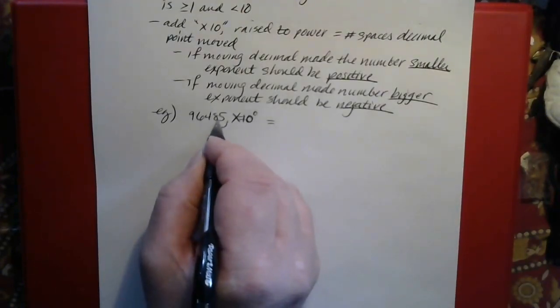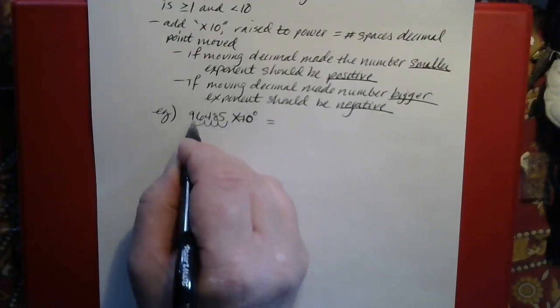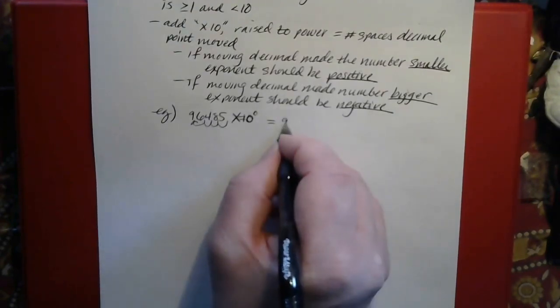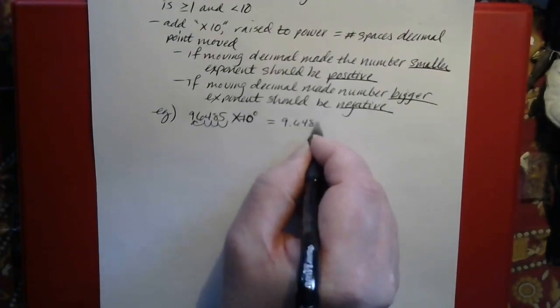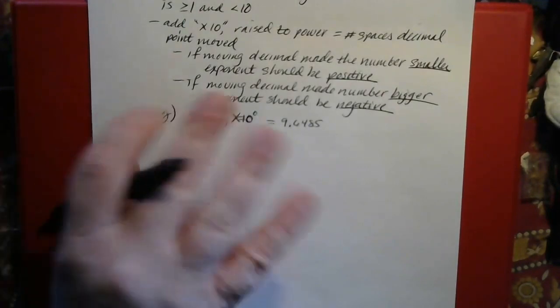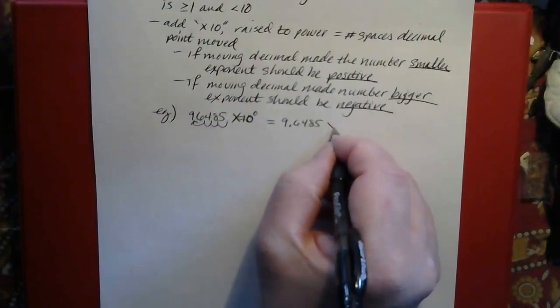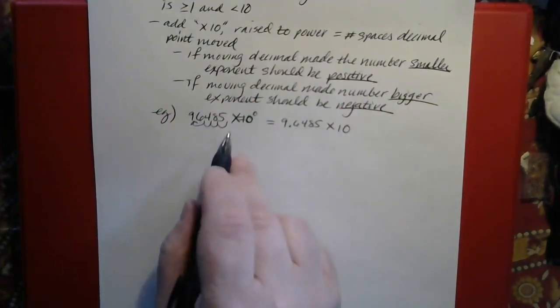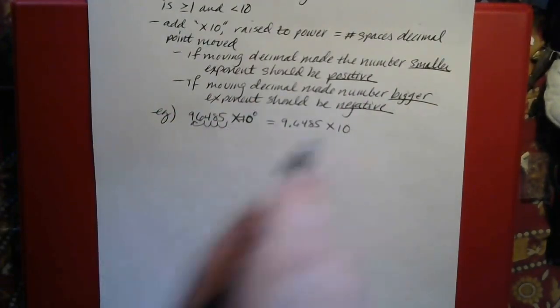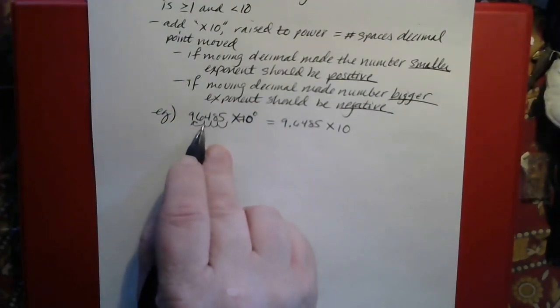So we move the decimal point to the left, 1, 2, 3, 4 spaces, and we get 9.6485. That is between 1 and 10. It's close to 10, but it's less than 10. And that'll be times 10, and the exponent will be the number of places we moved the decimal point. That's 1, 2, 3, 4.